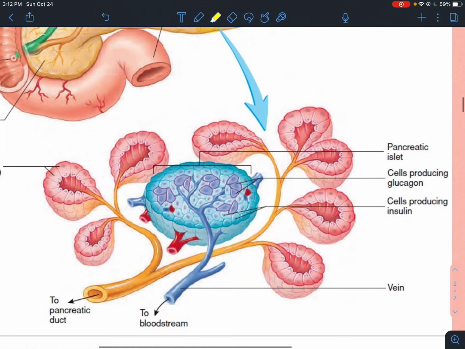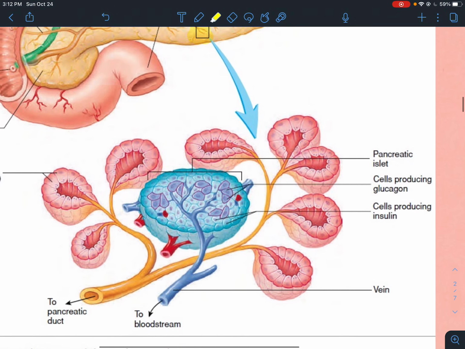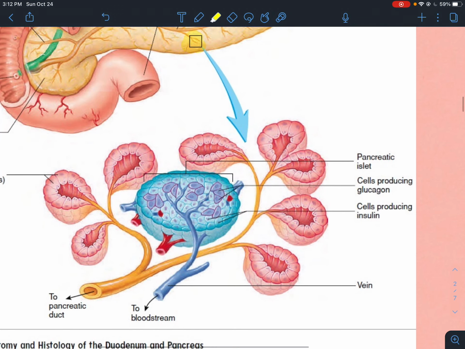So this should be a review. Within that square, we will notice that you have both an endocrine and an exocrine portion to the pancreas.